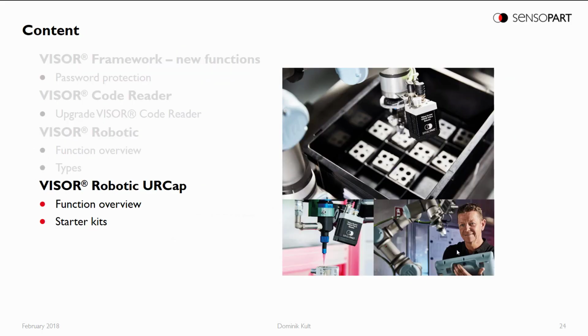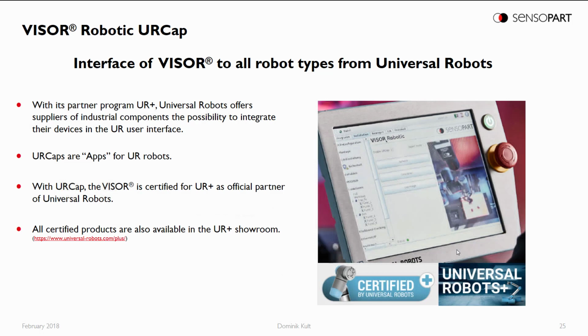As a special or additional function for the VISOR Robotic, we decided to offer a VISOR Robotic UR cap. In general, this is an interface of the VISOR to all robot types from Universal Robots. Universal Robots offers a partner program called UR+, and this gives us the option to integrate our device directly in the UR interface.